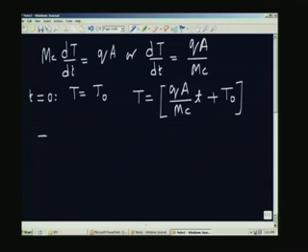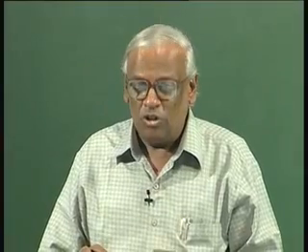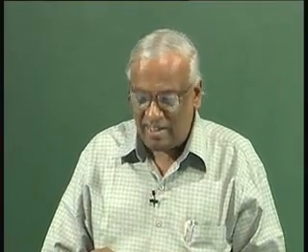In other words, the temperature increase T minus T naught is equal to QA by MC into t. This is a linear variation. Of course, this is not going to be strictly correct, but it is a good approximation in the case of a thin slug, which is going to be used as a heat flux gauge.